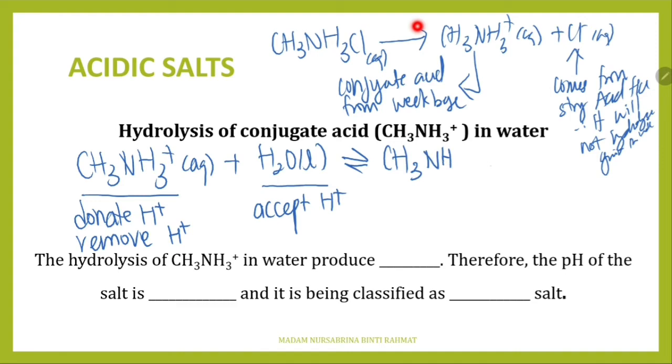From 3 atoms of hydrogen, you donate 1, so it becomes 2, and the plus charge is removed because we removed H+. That H+ is accepted by your water molecule. So water originally has H2, and becomes H3 with a plus charge. In the process we produce H3O+, which is the acidic property of an acid.